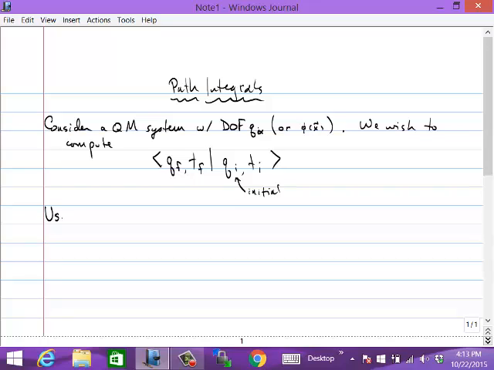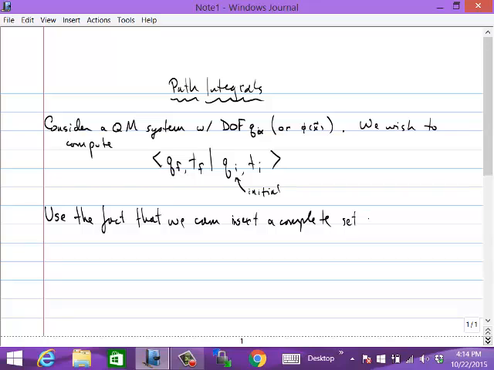And the beginning of the theory of path integrals really starts with an observation of Feynman. And actually, I think this goes back before Feynman to Dirac even. What we want to do is use the fact that we can always insert a complete set of basis states at any intermediate time between t initial and t final.